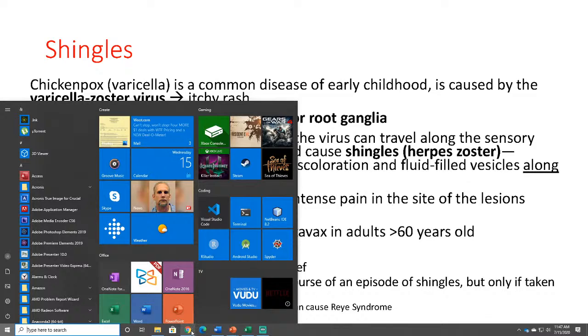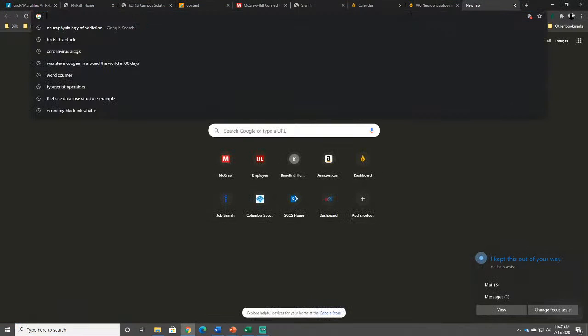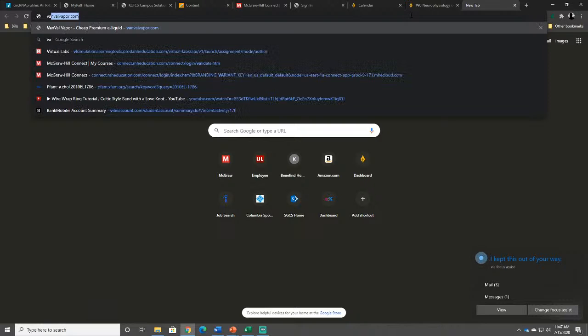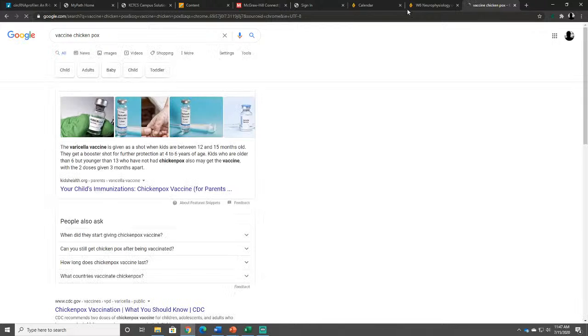And I always mean to look this up, so why don't we go ahead and do that? Vaccine chickenpox. Well, it's given when kids are between 12 and 15 months of age. Okay, you get a booster at 4 to 6 years of age. Kids who are older than 6 but younger than 13 can get the vaccine.